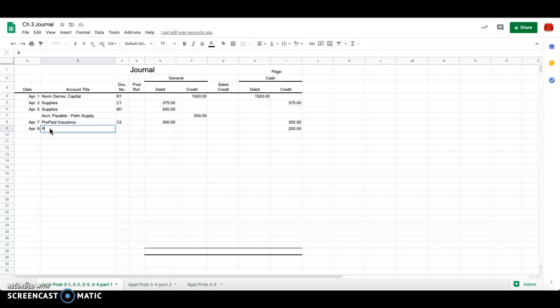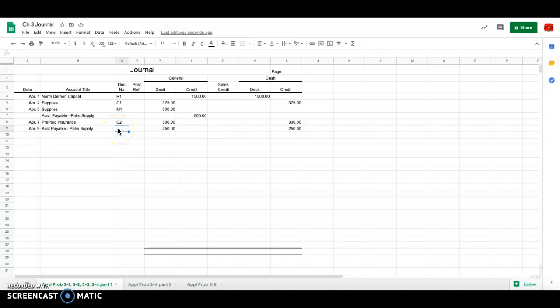So I'm going to do accounts payable, and Palm Supply is a liability, and the way that you decrease a liability is with a debit, because now we're going to go from owing $500, now we're down to owing only $250, okay, because we paid part of that. So there's that transaction.